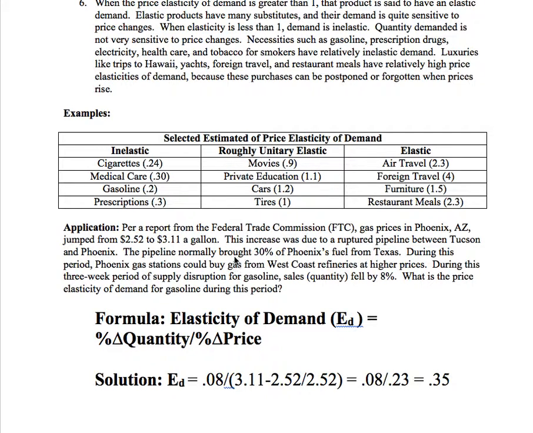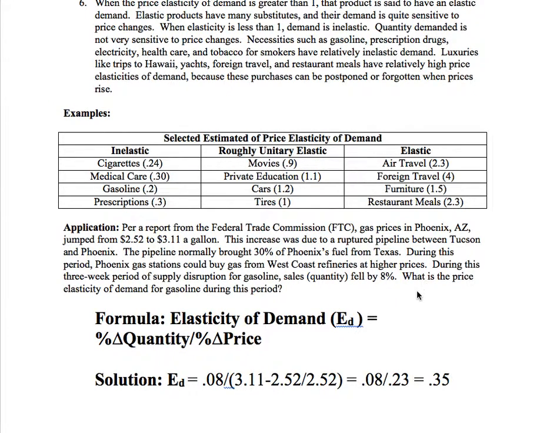The pipeline normally brought 30% of Phoenix fuel from Texas. During this period, Phoenix gas stations could buy gas from West Coast refineries at a higher price. During this 3-week period of supply disruption, gasoline sales quantity fell by 8%.